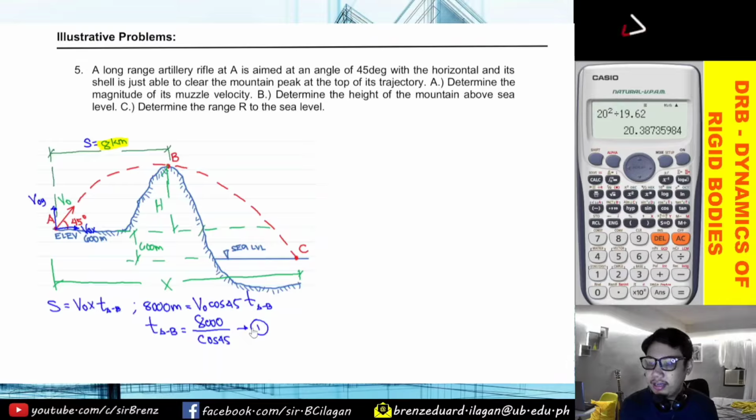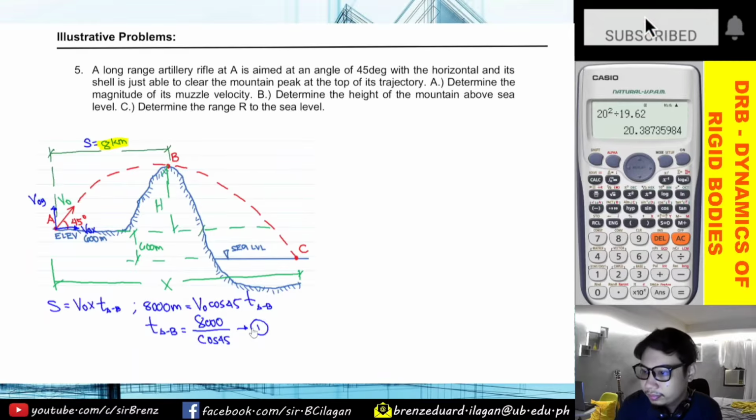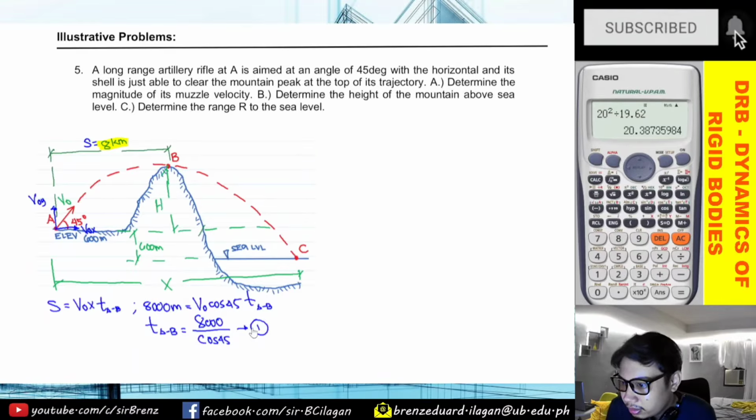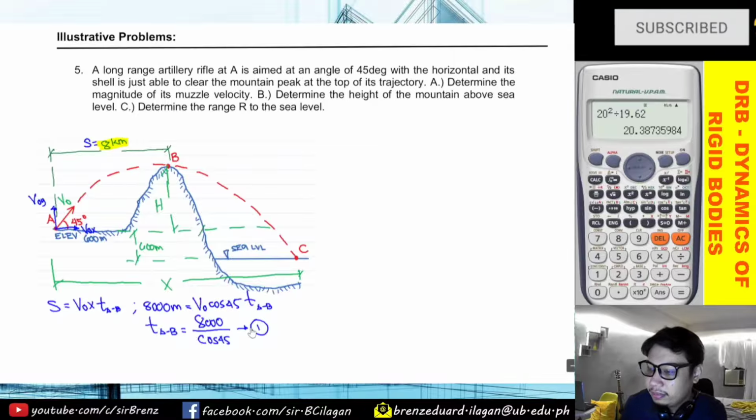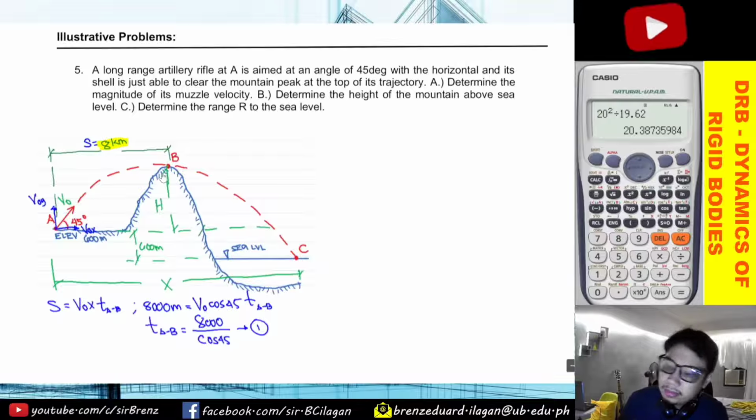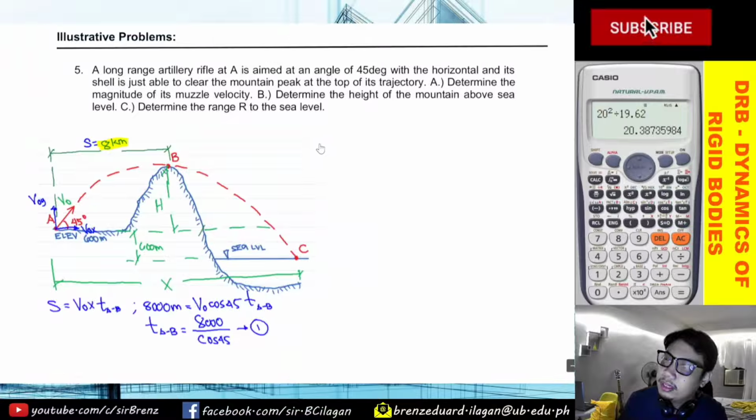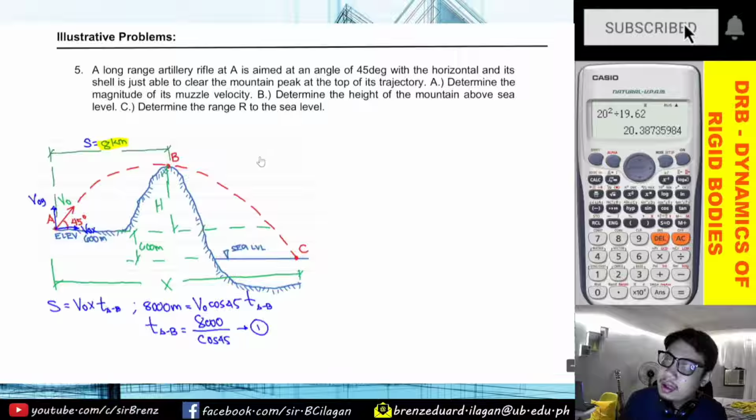Next, ano ba sunod natin gagamitin dito? 600 meters. Okay, so since meron na tayong equation for the time t, ano ba yung y? So kuha tayo ng value ng h.